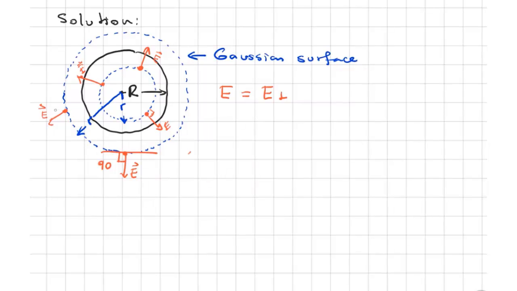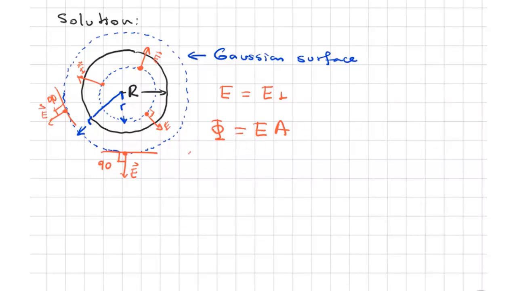The same happens here, 90 degrees with the surface, and at every point the same will happen. Okay, and the total electric flux through the Gaussian surface is defined by this expression: electric flux is equal to the product of the electric field and the total area of the surface.